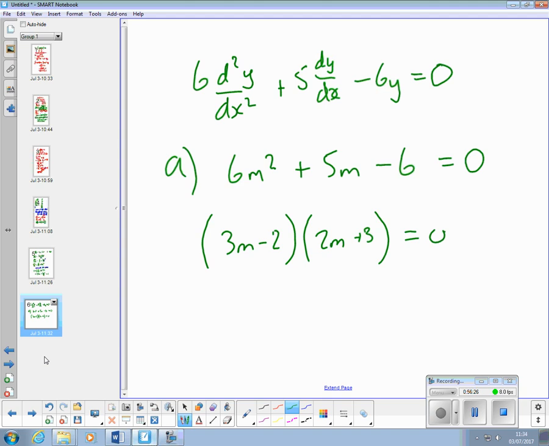Therefore, m is equal to 2 over 3, or m is equal to minus 3 over 2. If you can't use the quadratic formula by now, we're running out, aren't we? It's given to you in the back of the book.